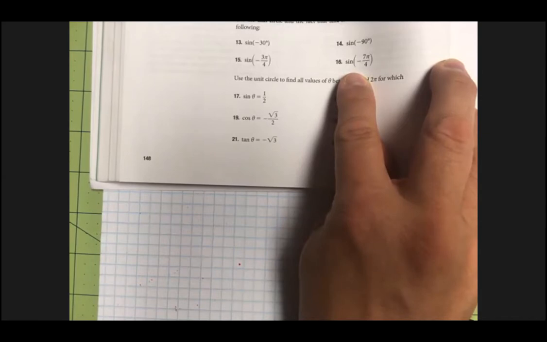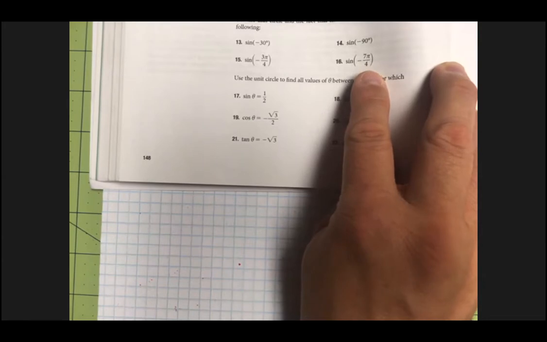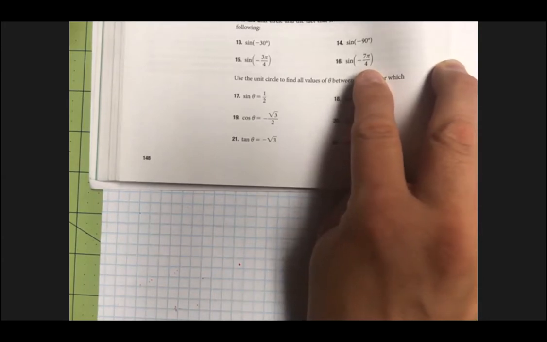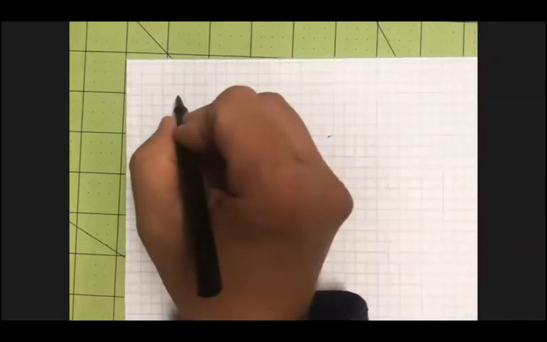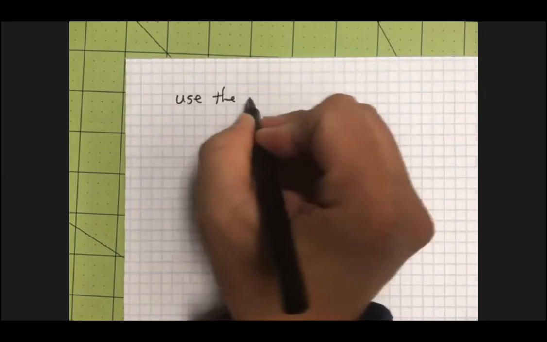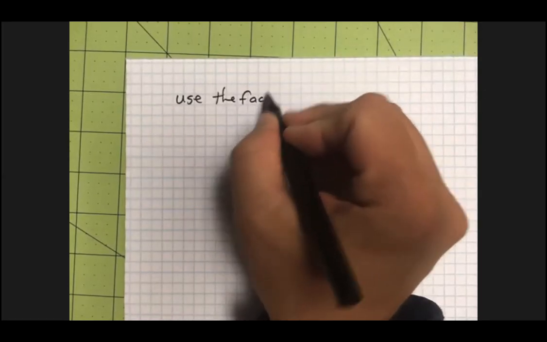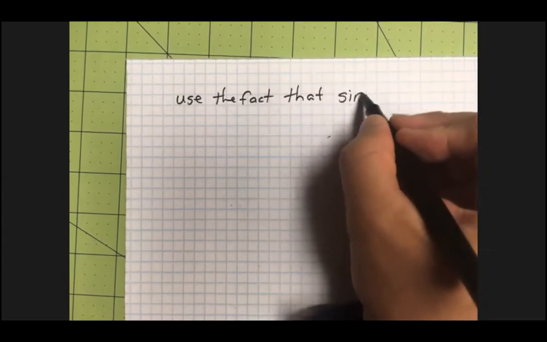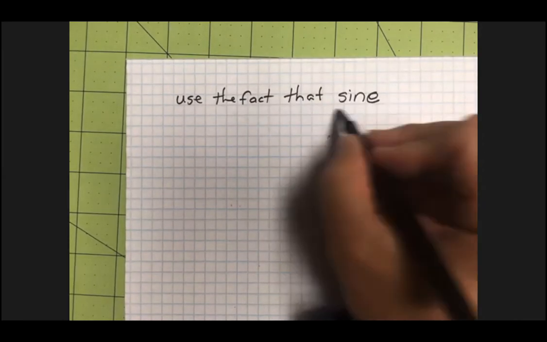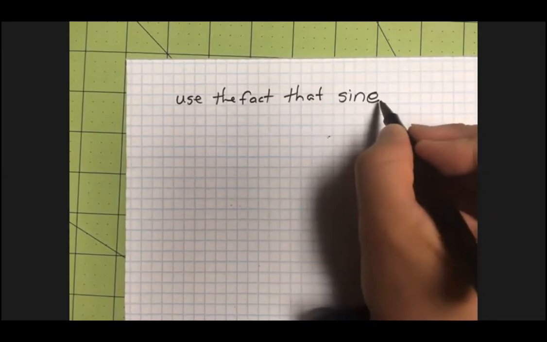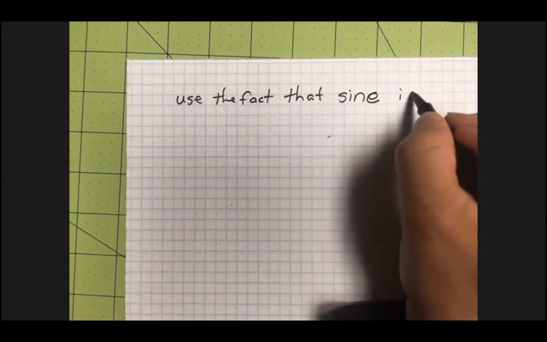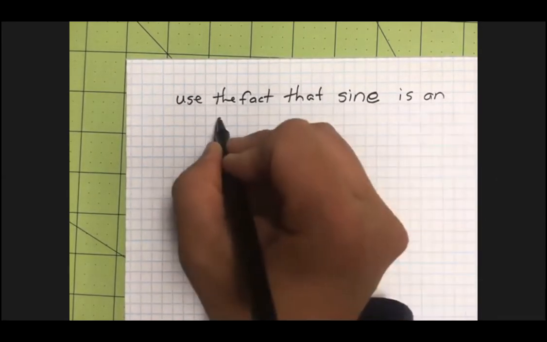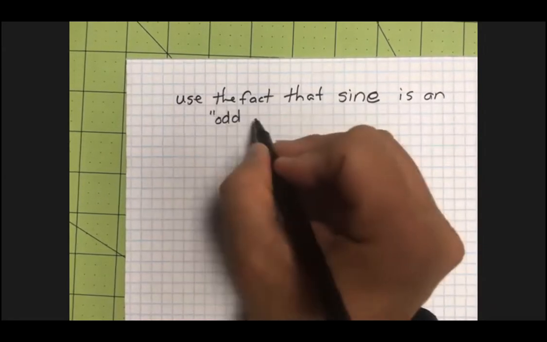It says, calculate the sine of negative 7 pi over 4 and use the fact that sine is an odd function. So use, and I have to explain what odd function is, use the fact that sine, I spelled the word out, that's not sine theta, that's S-I-N-E, is an odd function.